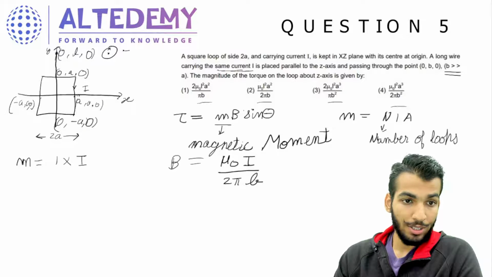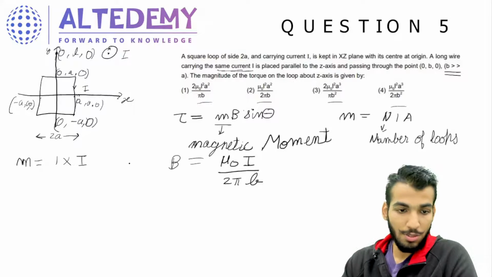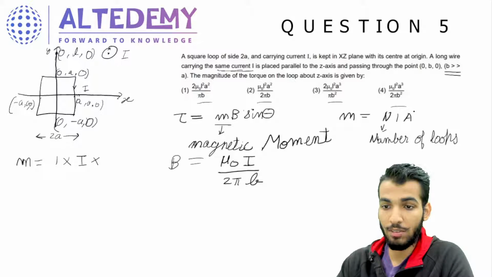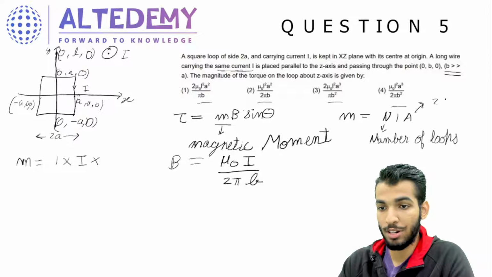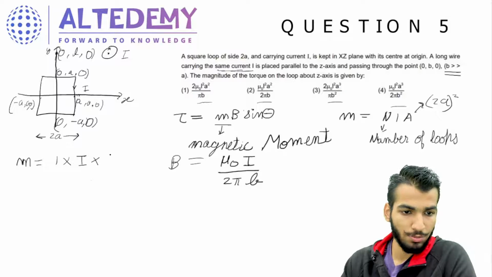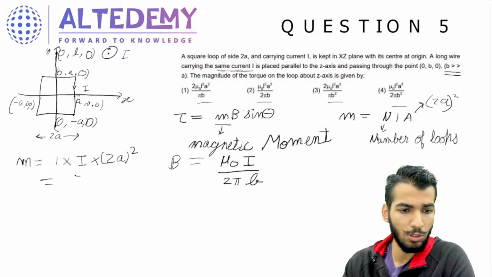And this will also be I, by the way, because they have said so. I into area. What is area? Area will be equal to (2a) square, because it has side of 2a. So I into (2a) square, that shall be equal to I into 4a square.